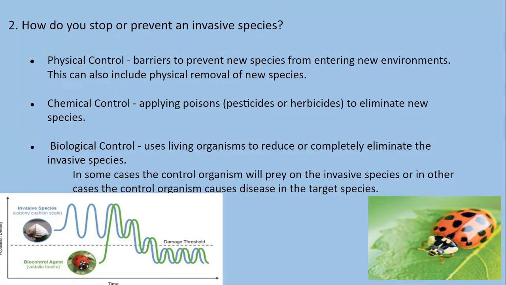It disrupts that ecosystem. Several years ago, they released lots of ladybugs in the mountains to help with the aphid population. Everything was getting demolished, and so they released ladybugs for biological control. So even though it could be something really cool or interesting, if it doesn't belong in that ecosystem, it can disrupt the ecosystem.